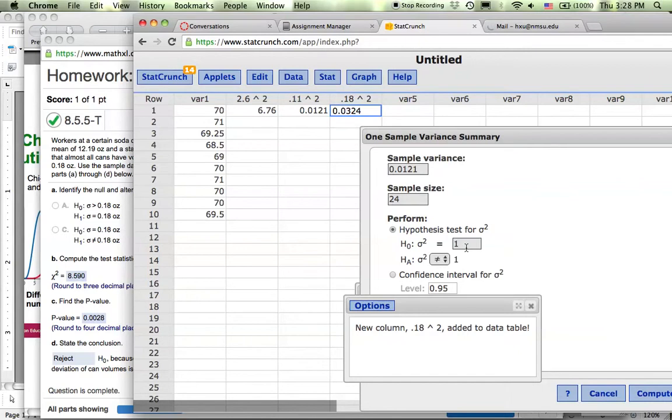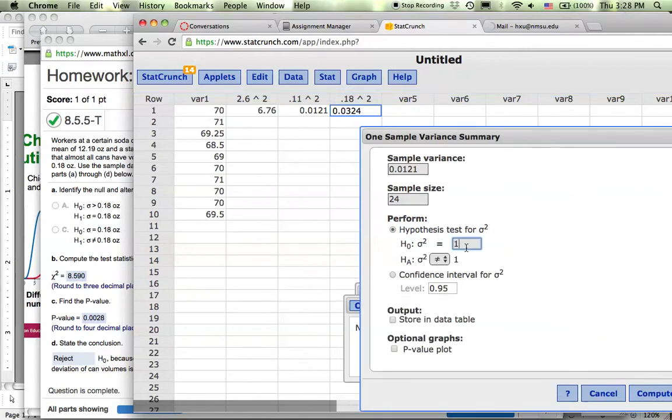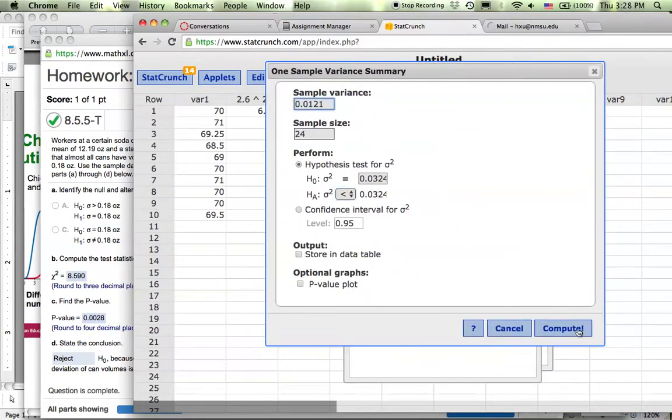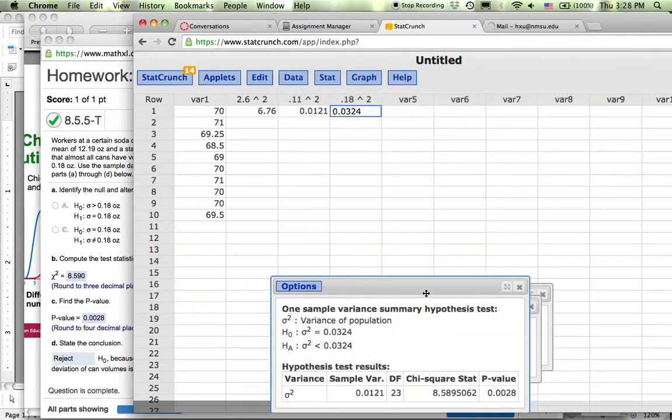Okay. And the alternative hypothesis is we choose the less one.